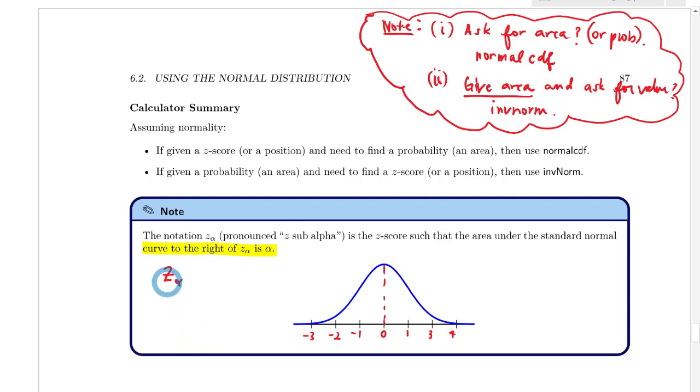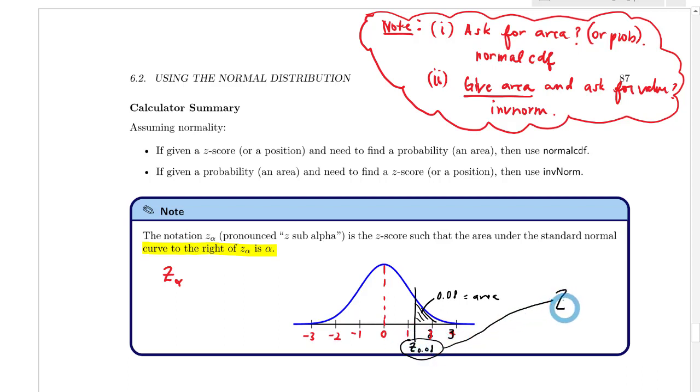So let's just say, for example, I have a z-score over here, right? And this is say 0.08, right, is the area. Then we would name this z-score that goes along with this z.08.